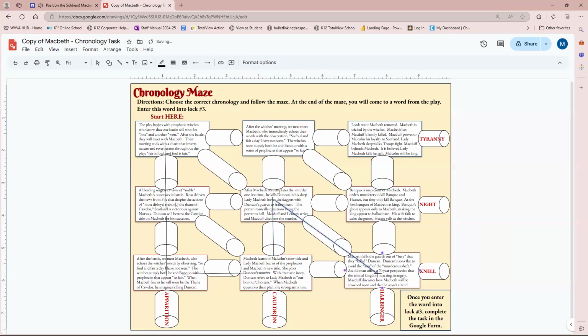Macbeth kills the guards. Then Banquo becomes suspicious. Macbeth has Macduff's family killed, and that's where we exit with tyranny. So that's our word. We exited. It took us to this word.